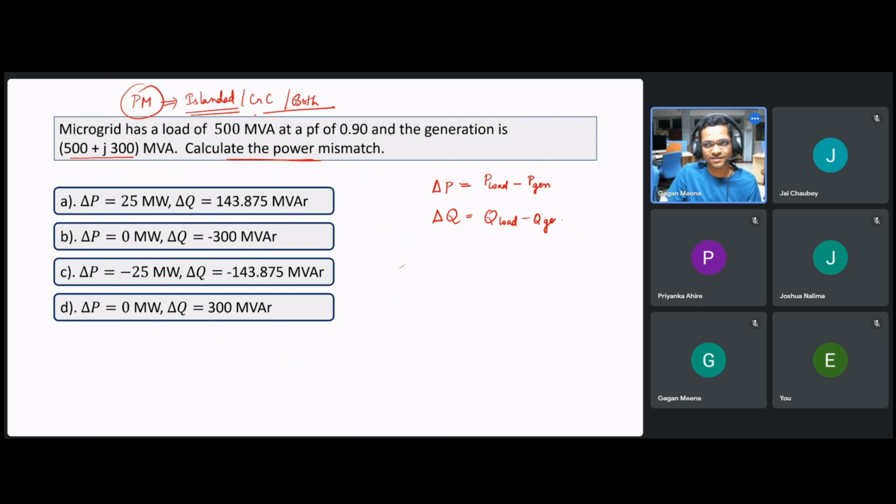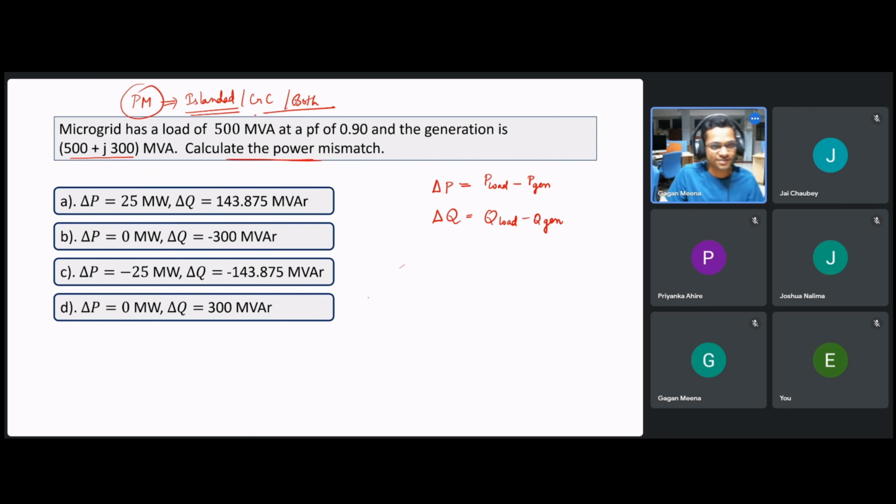Here also it will be Q load minus Q generation. So in grid connected mode, both will be 0. But in islanded mode, it may or may not be 0. If load and generation are equal, then it will be 0, but otherwise it will not be 0.